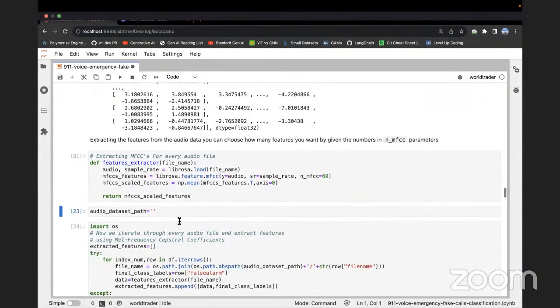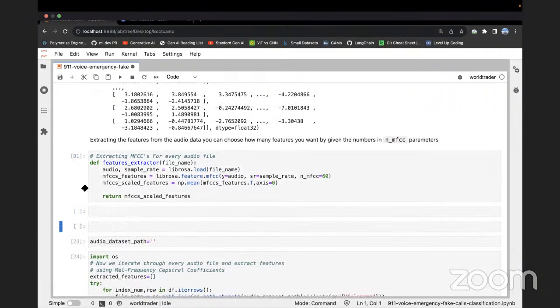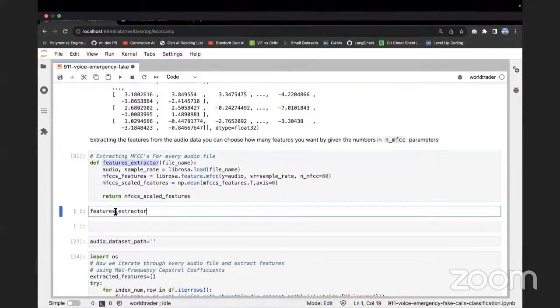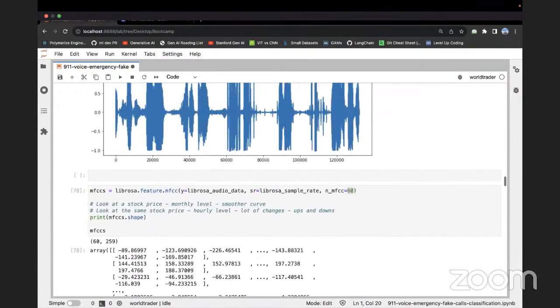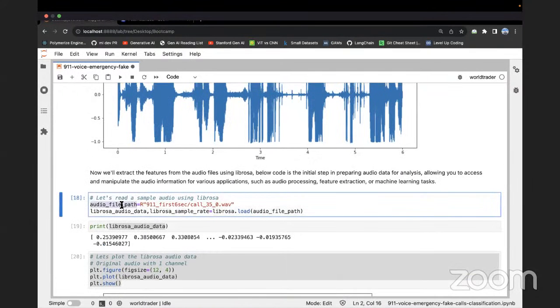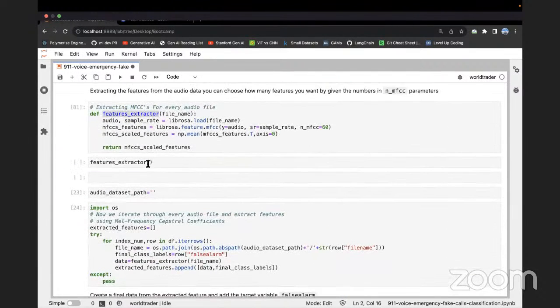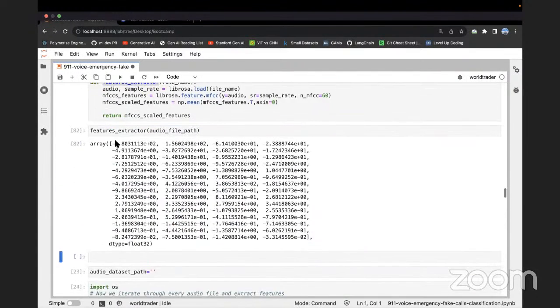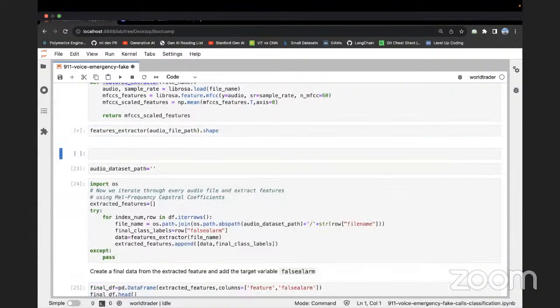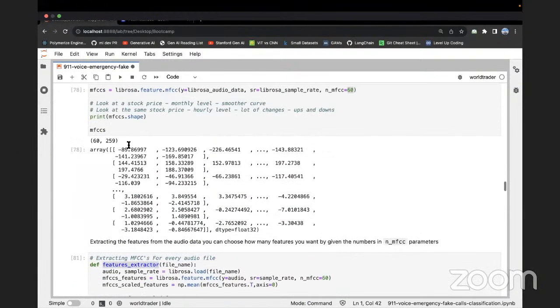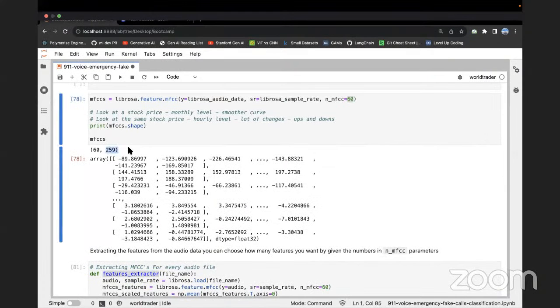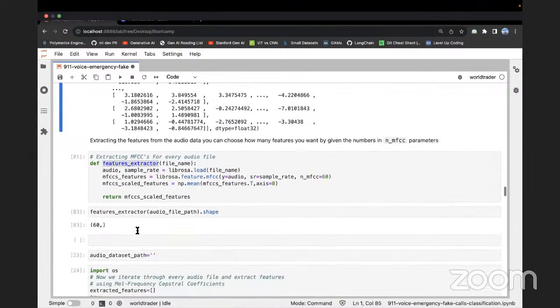If you see this function, I'll quickly call it and pass a particular file name, let's say the audio file path. See, what is the shape of this? 60, right? Because these 259 have been compressed into one single value.